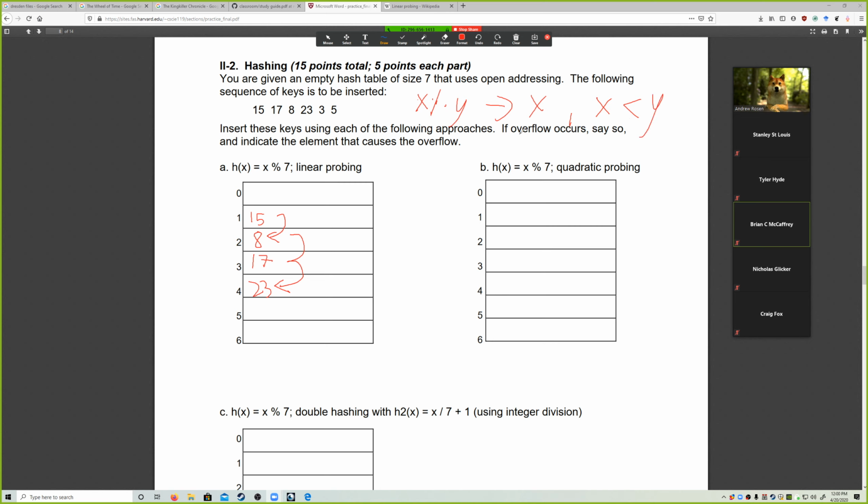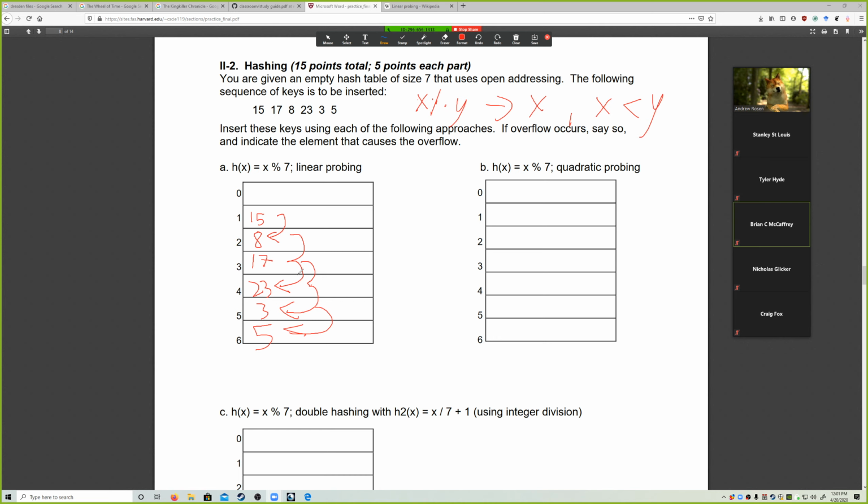That's a very easy bit of modular arithmetic, and it's important to remember. 3 mod 7 gives us 3, so we want to put it in index 3, but we can't because 17 is there. We'll go to index 4, but 23 is there, so we go into index 5. So 3 goes here, and now 5 wants to go where 3 is, but it can't, so we put it there.